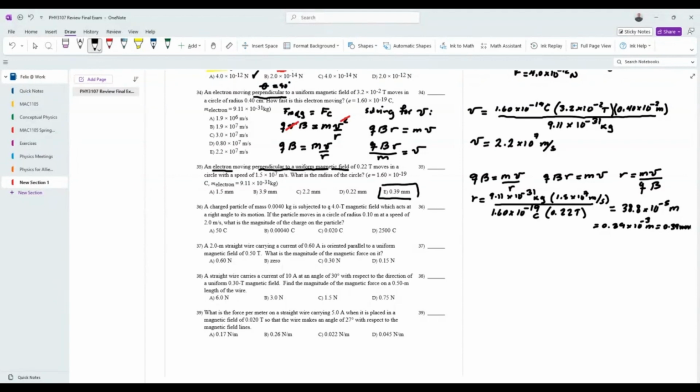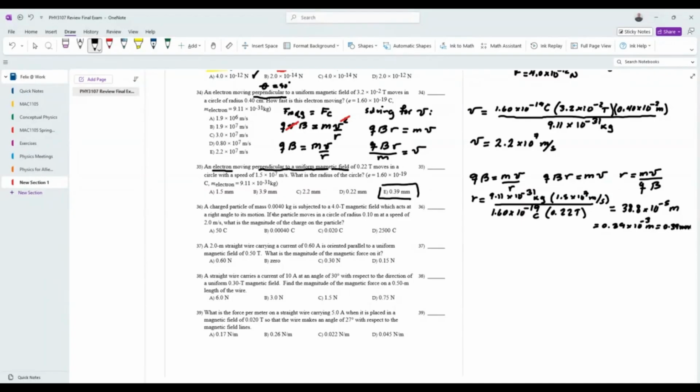Exercise number 36 is very, very similar. So again, they say they have a charged particle of mass 0.0040 kilograms. It's subjected to a 4 Tesla magnetic field, which is acting at a right angle to its motion.